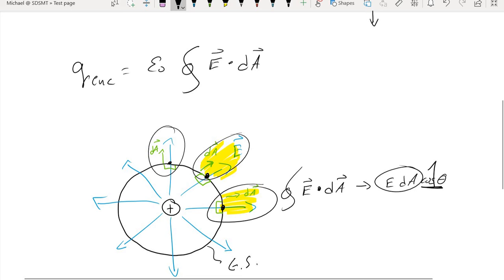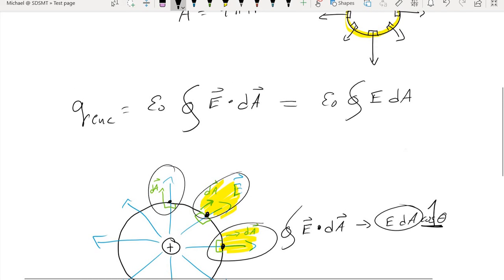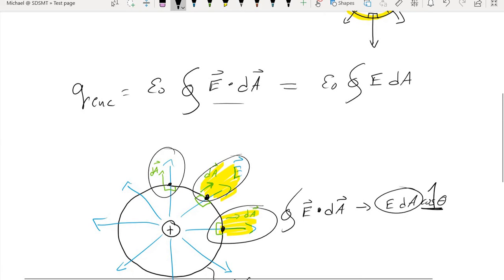And so now all that's left is the integration. We actually lose the vector hats now because we've evaluated the dot product, and the outcome of a dot product is a scalar. Now this is not something that we just get to get rid of every time we use Gauss's law.